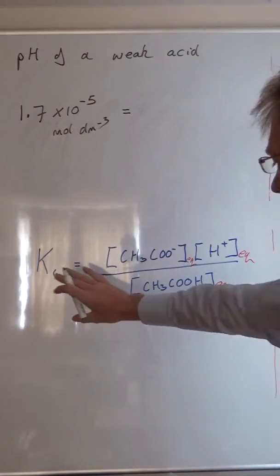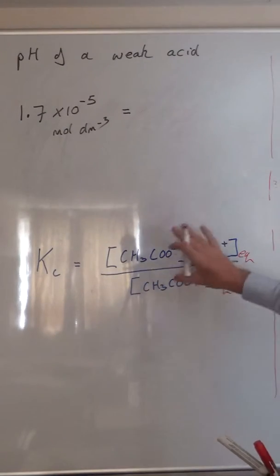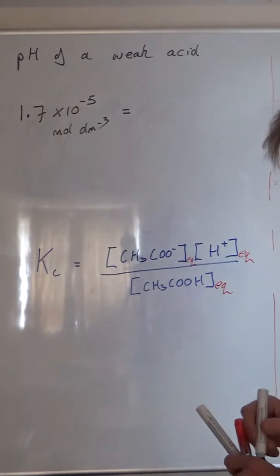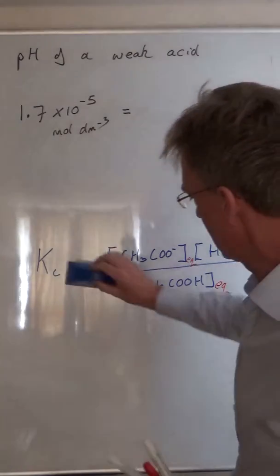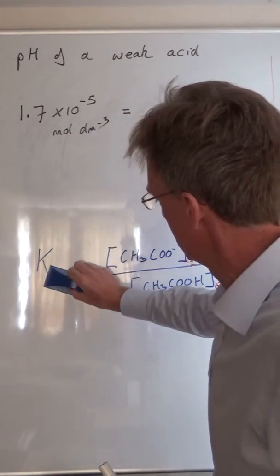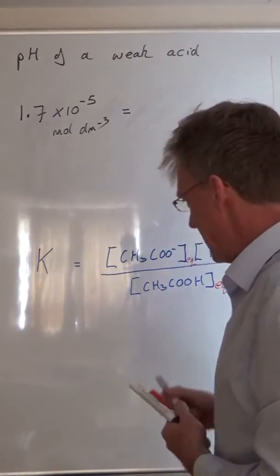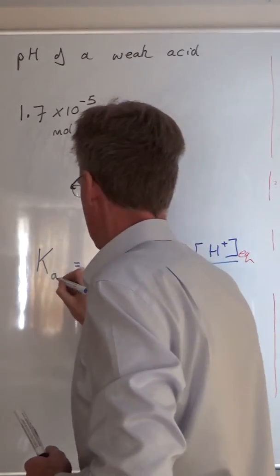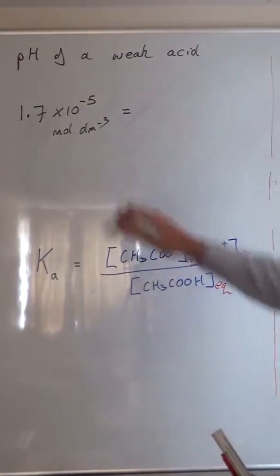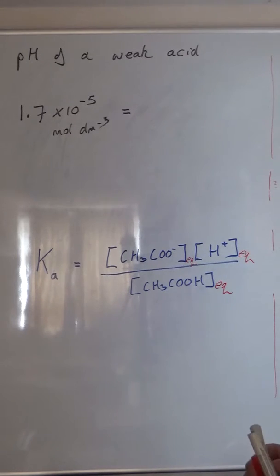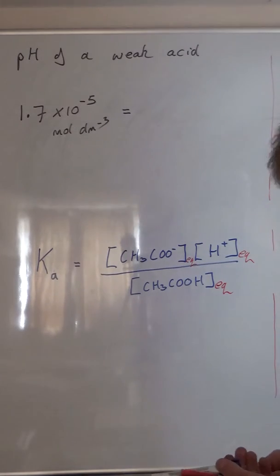Now, when the equilibrium constant is applied to a weak acid, we just give it a special name. We call it the acid dissociation constant, so it's normally written as Ka. And the value for ethanoic acid is 1.7 times 10 to the minus 5 moles per decimeter cubed.